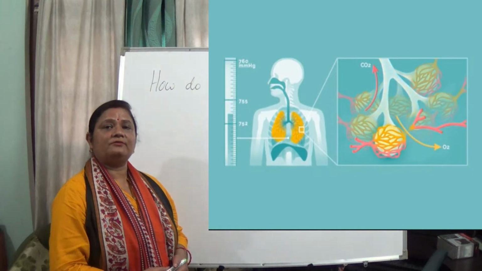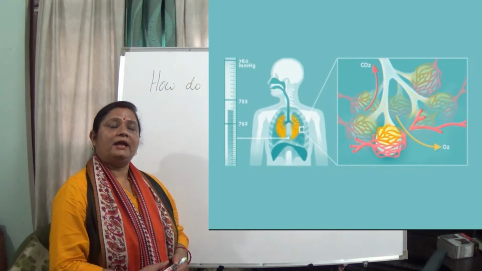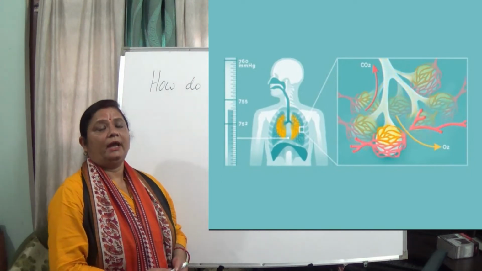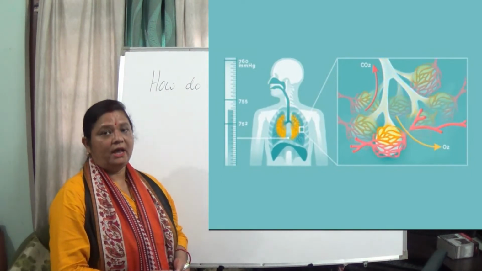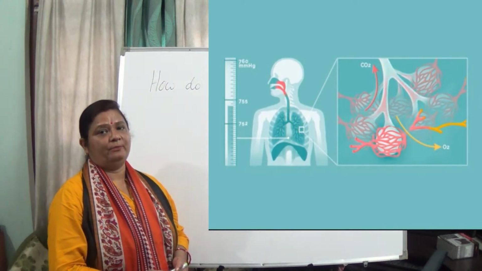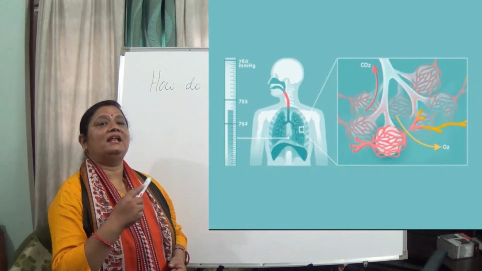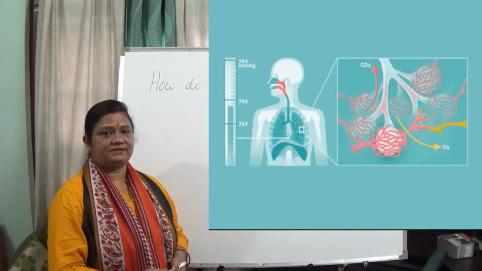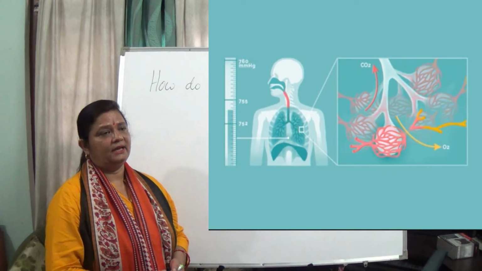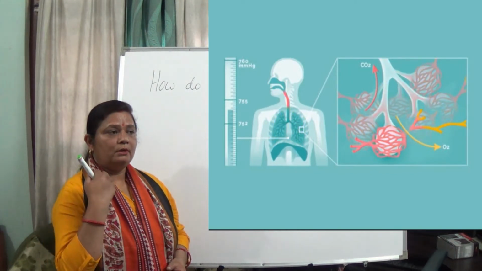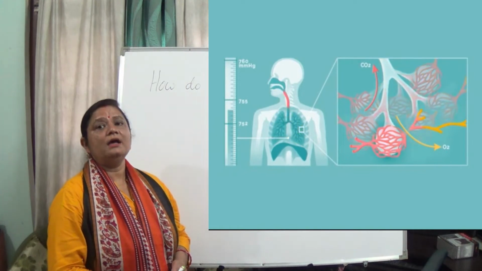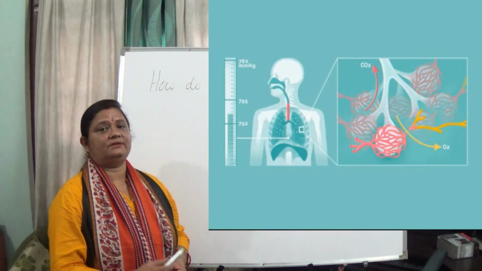The function of this hair is that if any dust particles enter the nose, they get trapped there. If not trapped, they enter the windpipe and irritate the lining of the respiratory system. As a result, one starts sneezing, in order to eject the dust particles which have entered the trachea or the respiratory system.